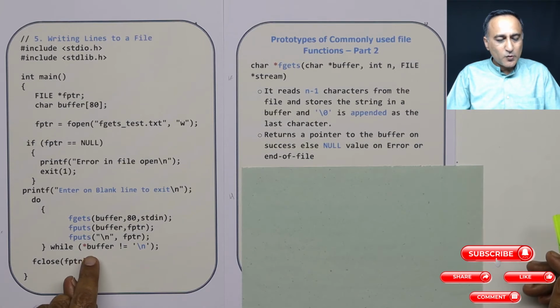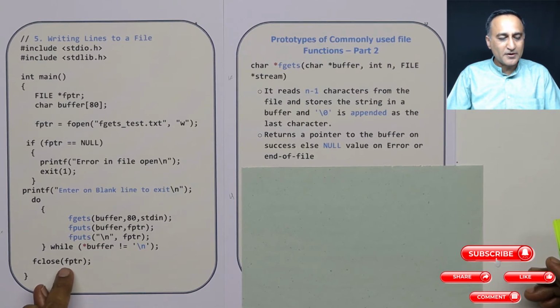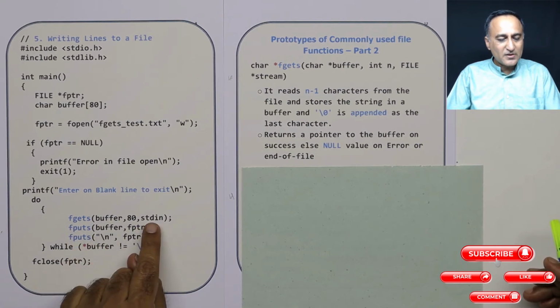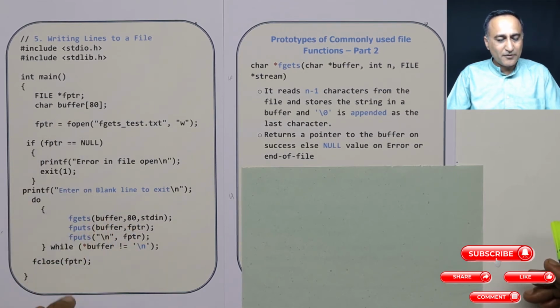Now suppose I enter on a blank line, I press the enter key. So buffer is going to have the value \n stored. That indicates this is the end of input and I'm going to close the file pointer. Let me at a very high level explain what I am doing here. Using fgets, I am reading from the keyboard a maximum of 79 characters, one character for the null, into an array called buffer.